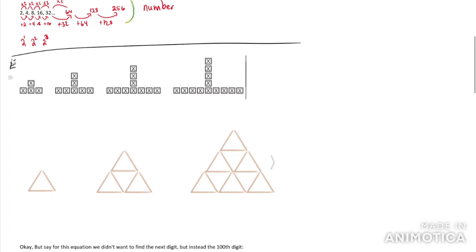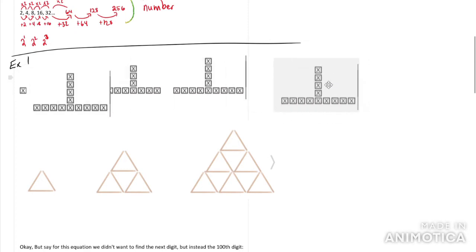So, example 1 here, this is a pattern. I can see that there is some way that I can combine this and move it forward. So I'm just going to take a screenshot to make this easier. So again, I want to come up with the next 3 in the series. So I'm going to go 1.